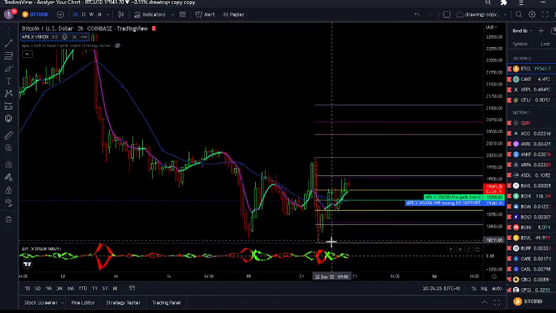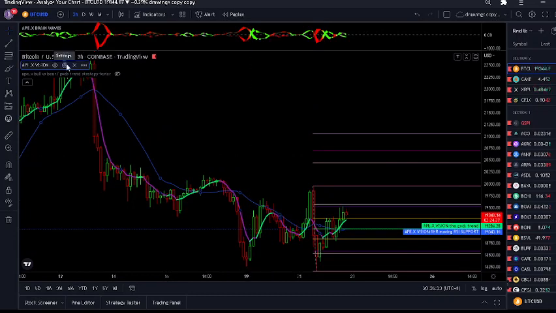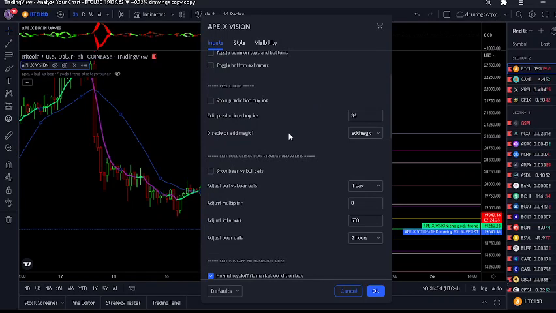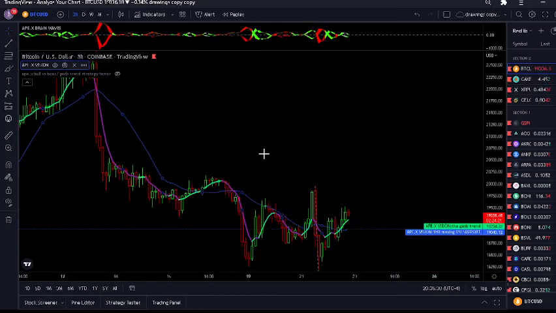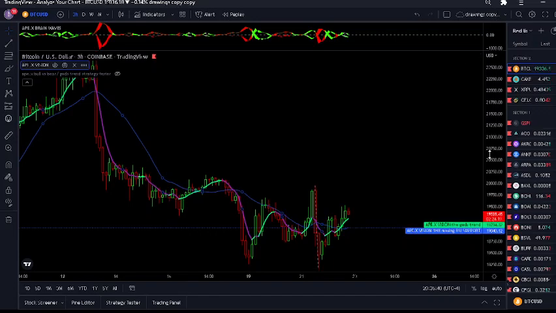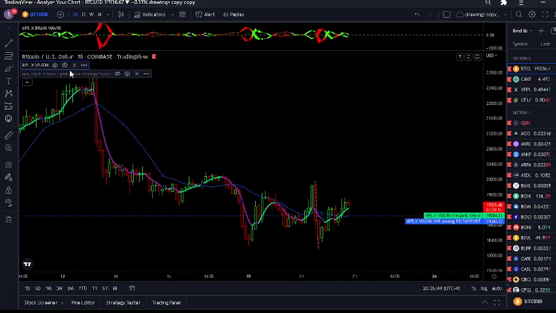Okay, and then we're going to push this up to the top, and let's turn off the fibs. So this is what the indicator will look like, pretty much bare of all the other settings.